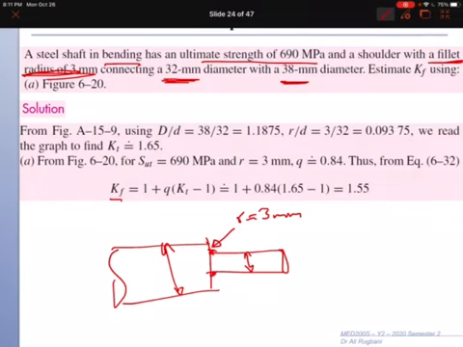We must calculate stress concentration factor Kf, and this Kf will be multiplied by the stresses that we have. To find Kf, you need Q and you need Kt. Kt is from this figure, appendix A15, figure number 9. You can find Kt and Q from the previous curves.